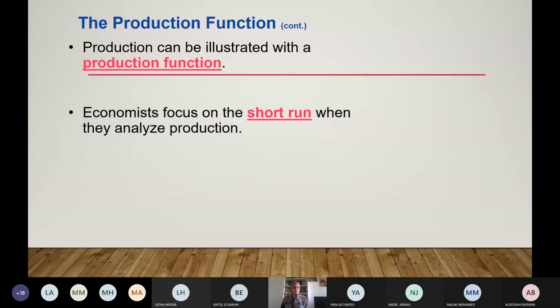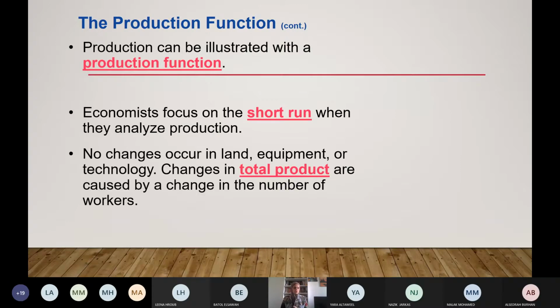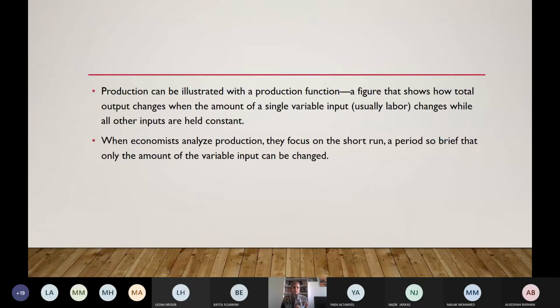Economists focus on the short run when they analyze production. So no changes occur in land, equipment, or technology. Changes in total product are caused by changes in the number of workers. What does it mean? We will understand now.